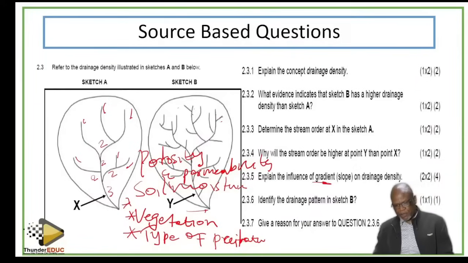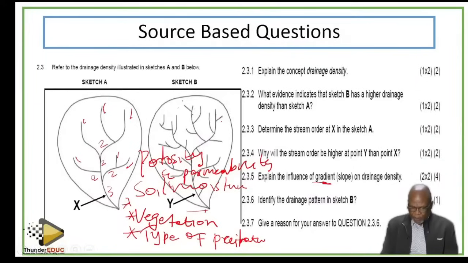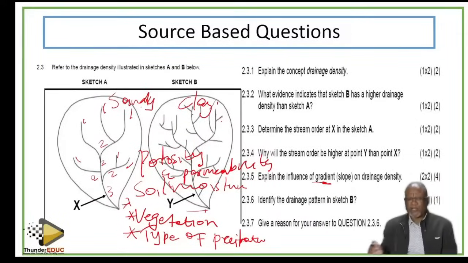And at B, you can say we have clay soil here, and at A we have sandy soil. Because of clay soil, there's going to be low porosity. Because of low porosity, there's going to be low permeability.